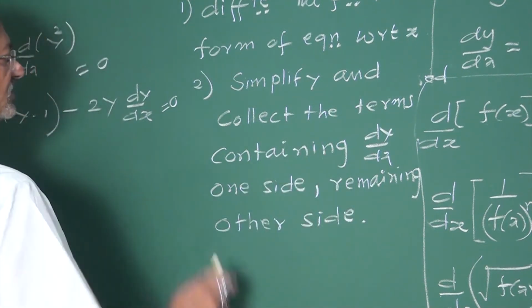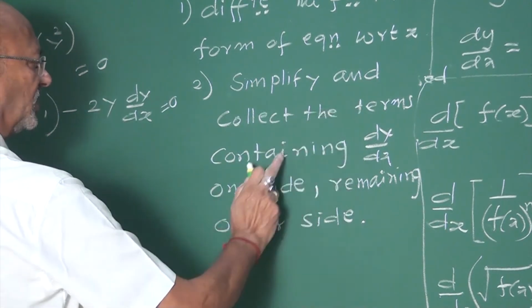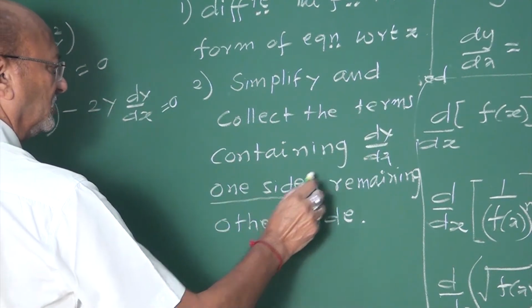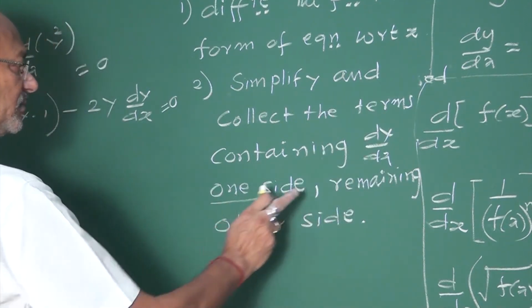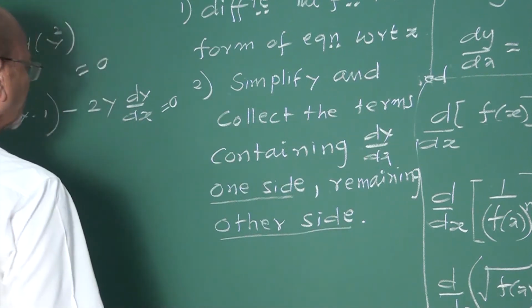Read, my friends: simplify and collect the terms containing dy by dx on one side. Remaining means other than dy by dx, on the other side.